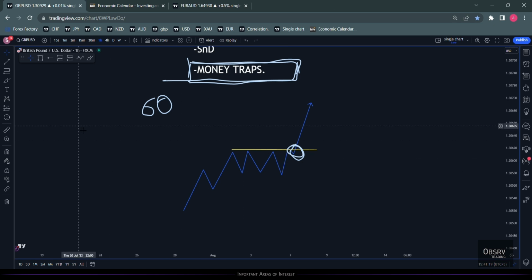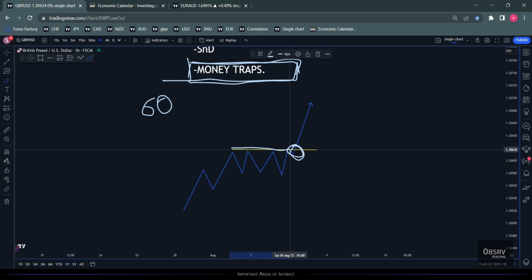Somewhere in this area, considering all of this range could be turning around, I'll sell it from up here, make money to at least down there, but the price immediately goes through.